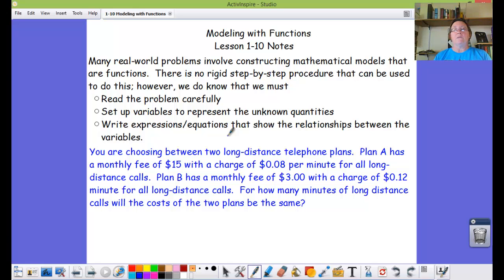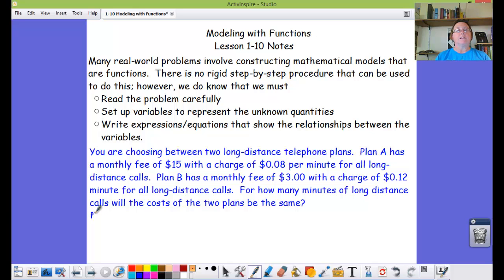And then the question is, how many minutes of long-distance calls would it require for those 2 plans to cost exactly the same? So as you read this, I hope that you're thinking to yourself, well, there are 2 plans. Let's get some information about them.